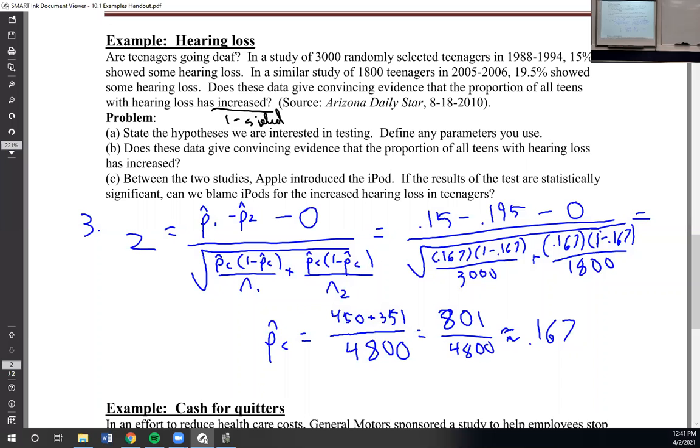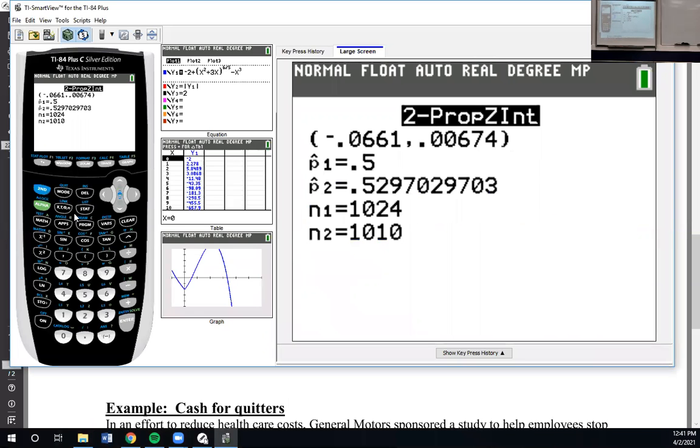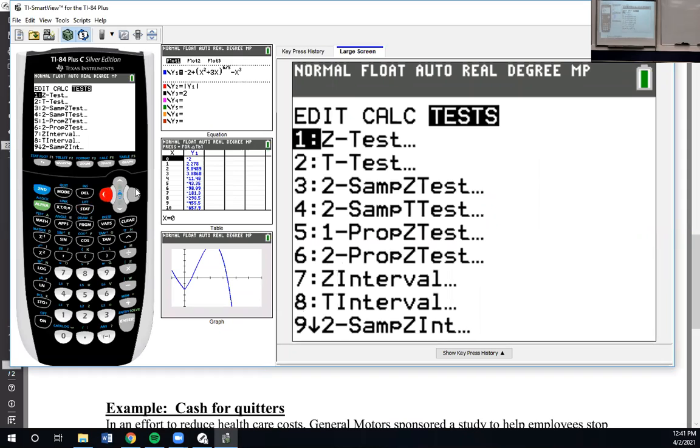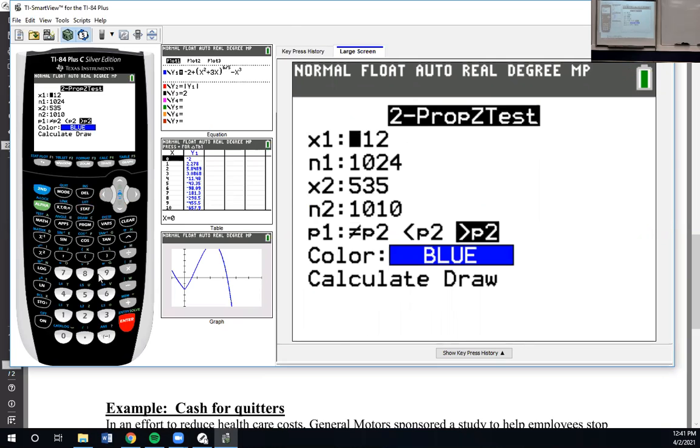Back to stat tests. Two proportion z-test. This time we had 450 out of 3,000 for our first sample, and we had 351 out of 1,800 in our second sample.